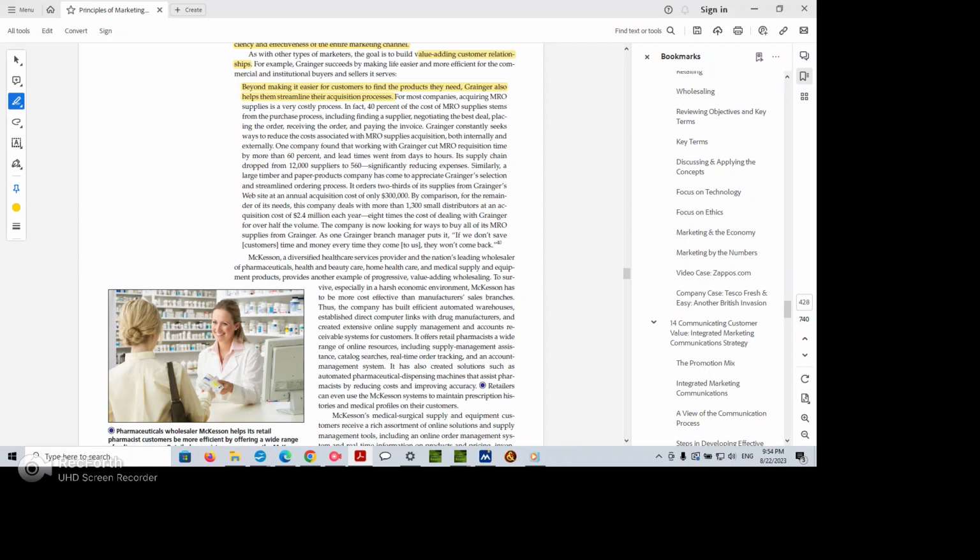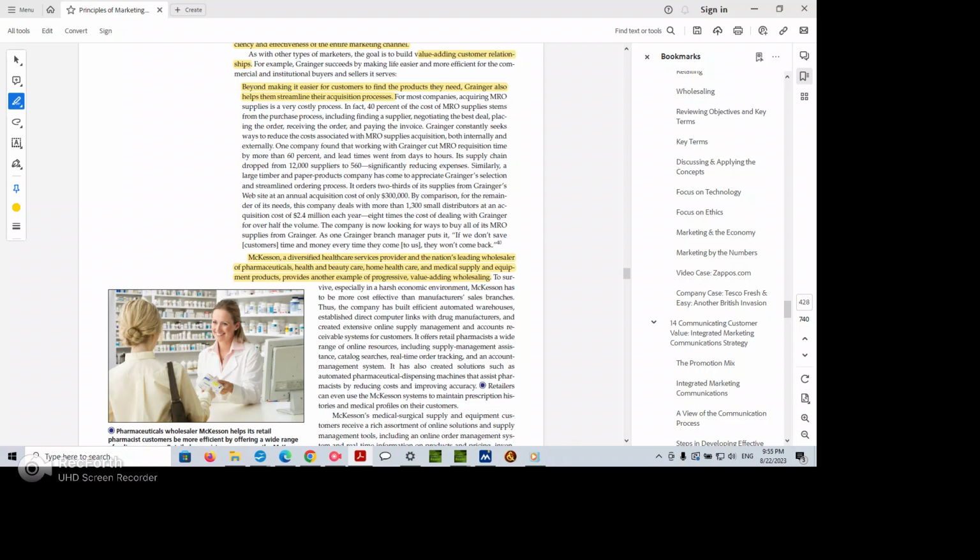Now, in healthcare, we also have such a process in which a wholesaler of pharmaceuticals, health and beauty care, home care, and medical supply and equipment products provides another example of progressive value-adding wholesaling. To survive, especially in a harsh economic environment, McKesson has been able to be more cost effective than manufacturing sales branches.